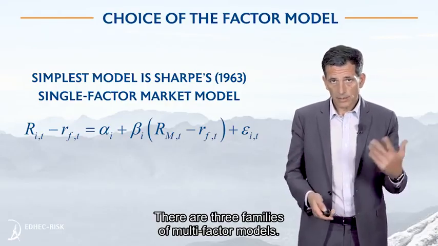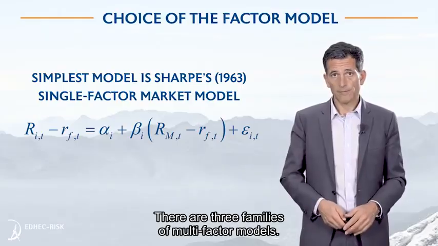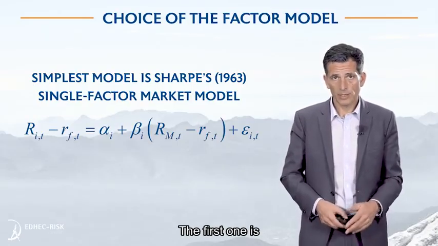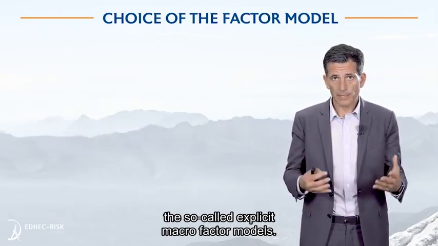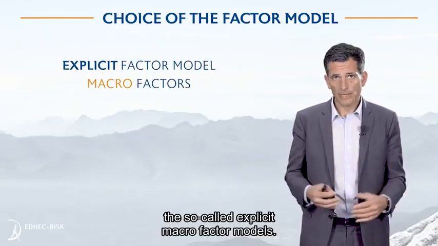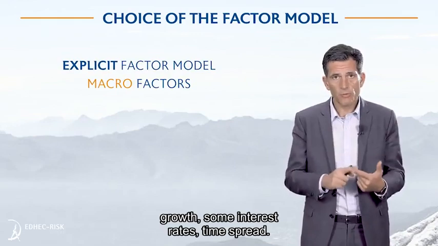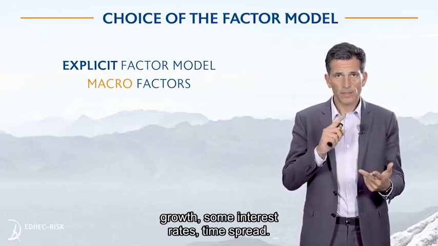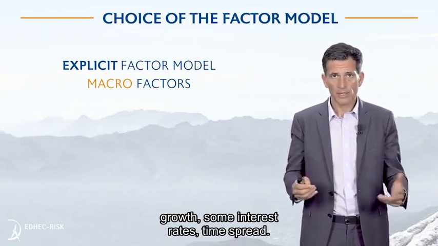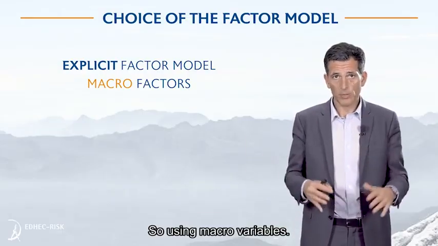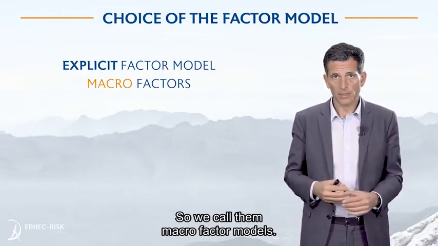There are three families of multi-factor models. The first one is the so-called explicit macro factor models, where you could be using something like inflation, growth, some kind of interest rates, term spread. So you're using macro variables, so we call them macro factor models.